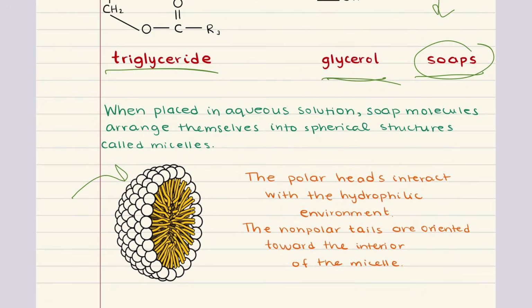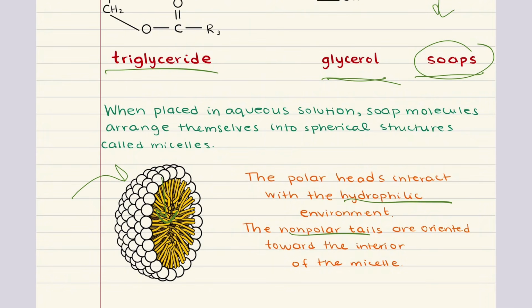In a micelle, the hydrophilic or polar heads face outward and interact with the surrounding water, whereas the nonpolar or hydrophobic tails face inward. They're shielded from the water and they're able to trap oils or other nonpolar substances inside. This is exactly how soap works. It forms micelles that surround greasy nonpolar particles, and they allow them to be rinsed away in water.